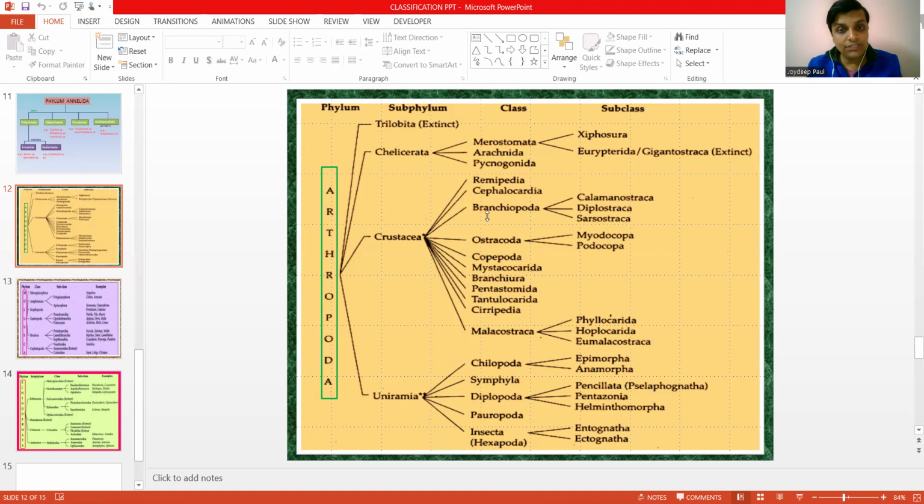Now, class 5, Mystacocarida. General features: marine interstitial crustaceans with elongated and pigmentless body.